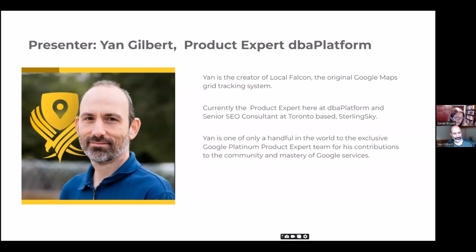If you guys don't know, Jan is one of only a handful of Google Platinum product experts in the world. He spends his time and his knowledge helping people navigate the changes that get made. This is super important because, as you know, when things happen, it's so hard to get straight answers from Google about what's important. And it's sort of against Google's nature to tell us, because what they really want to do is create a natural environment for people to search and find business listings and resources that are the most matched to the query that they're making.